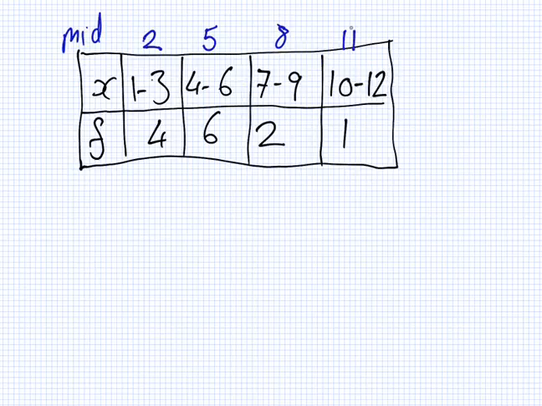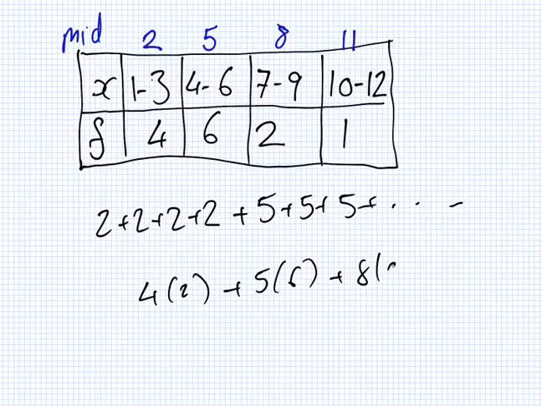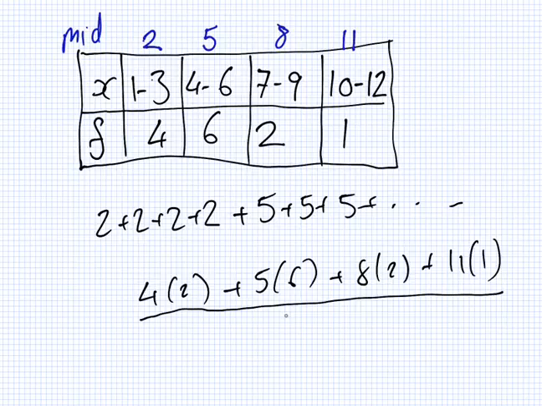So if I want the average here, it would be like this. 2 plus 2 plus 2 plus 2 plus 5 plus 5 plus 5. It's quite long, but if you have 4 2s, that's 8. You just multiply them. So it would be 4 times 2 plus 5 times 6 plus 8 times 2 plus 11 times 1, over how much? 13.